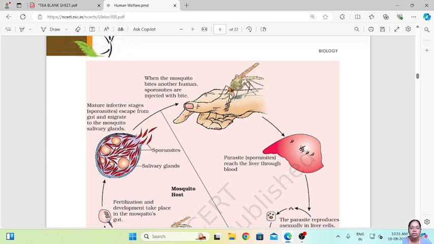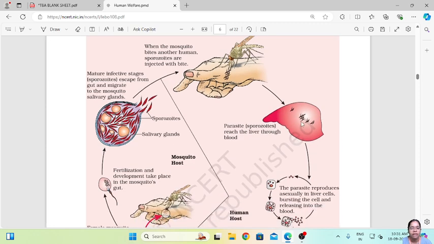With its infectious needle-like structure, it will poke into the human skin, and then the blood is transported into the human being, which carries the infectious sporozoites of Plasmodium. So this parasite reaches the liver through the blood, where the infection starts, in the liver of the human beings. The sporozoites go from the blood into the liver.